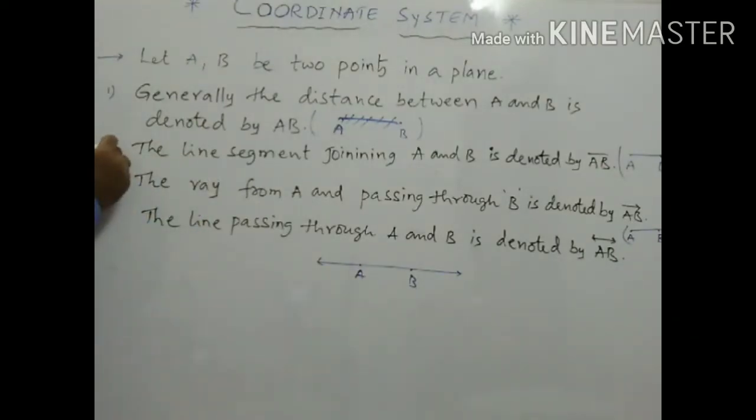Coming to the second point, the line segment joining capital A and capital B is denoted by AB bar.